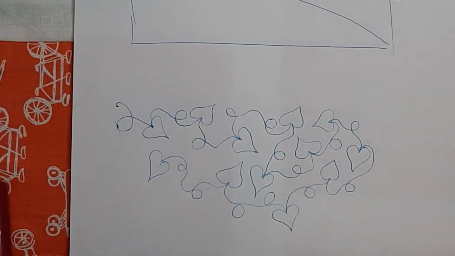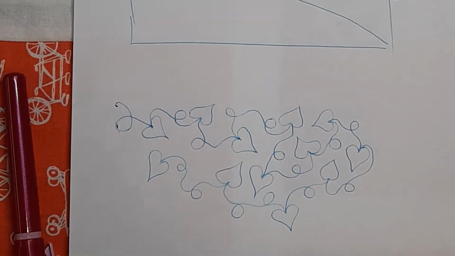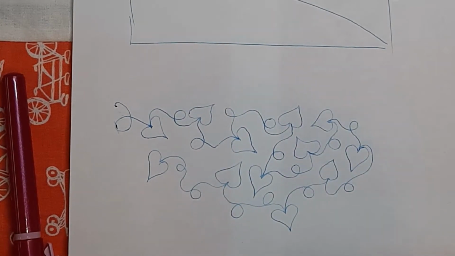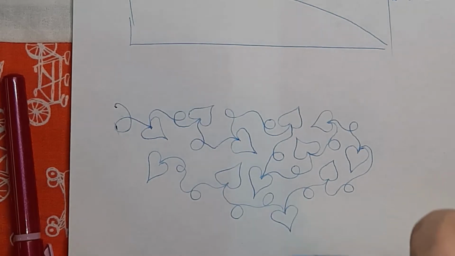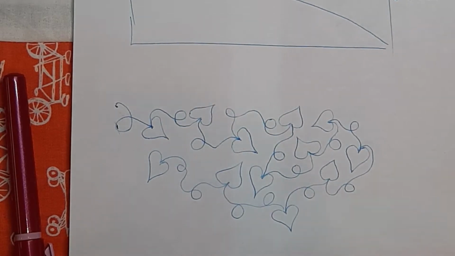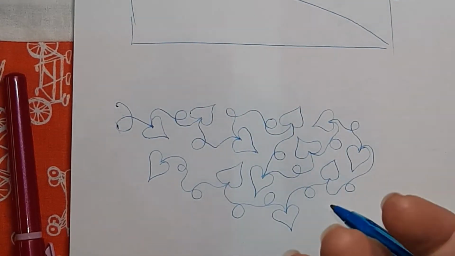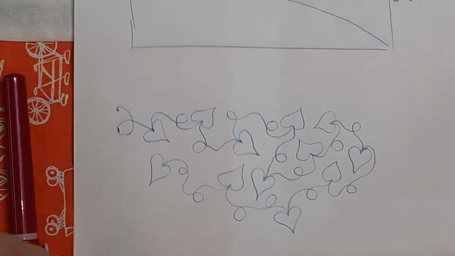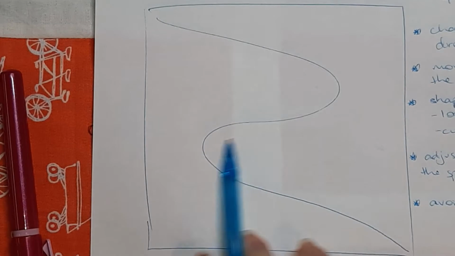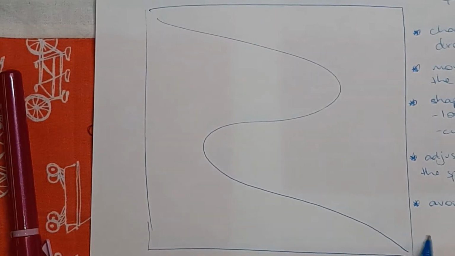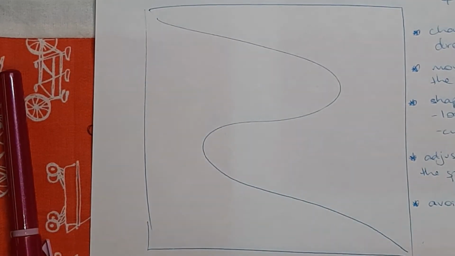So what I want to recap is that you have done everything that you need to do to be able to quilt this. We have done a change of direction when we've done our other loops. We've talked about moving across the block. See, I've written out my notes here. Moving across the block so that we cover our block so that we can travel across our quilt.